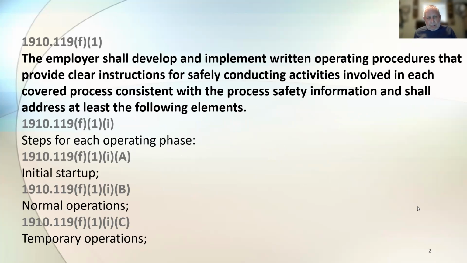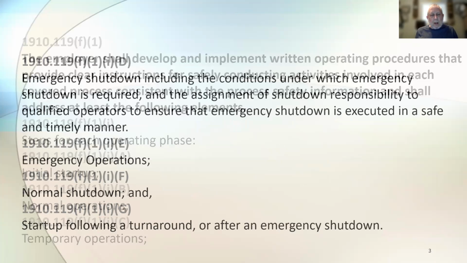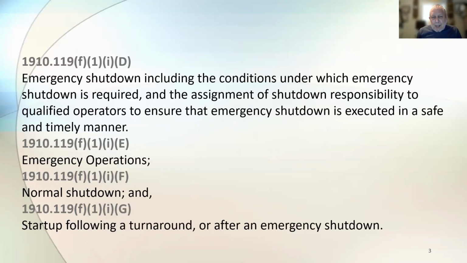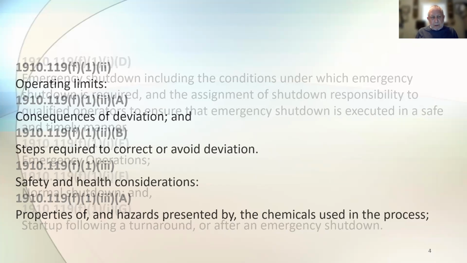And these are the operating phases they're called: initial startup, normal operations, temporary operations, emergency shutdown, including conditions under which emergency shutdown is required, and the assignment of shutdown responsibility to qualified operators to ensure the emergency shutdown is executed in a safe and timely manner. Emergency operations, normal shutdown, and startup following a turnaround or after an emergency shutdown. Those things must be covered.